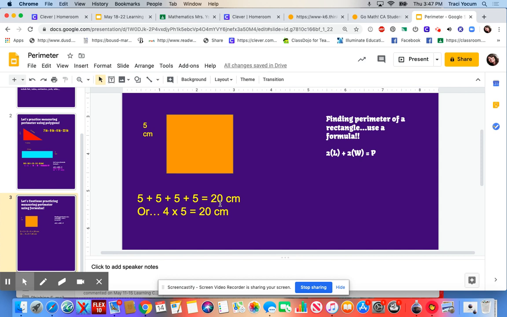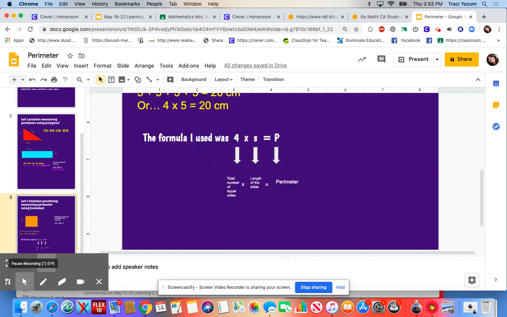But I also am seeing that if there is a formula for a rectangle, there is an easier way of finding perimeter with a square. I can simply take the number of sides, which is 4, and multiply it by the measurement, which is 5. So 4 sides times 5 centimeters equals 20 centimeters.